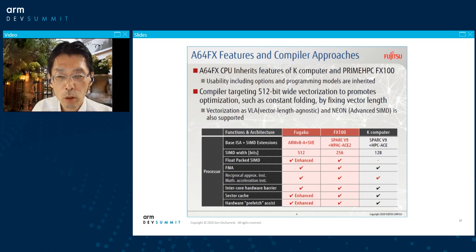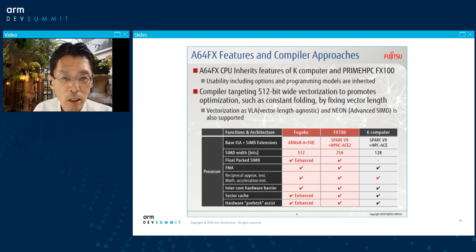Fujitsu has been developing supercomputers for 40 years, and since the development of the Fujitsu supercomputer, Fujitsu has been developing compiler tools. A64FX also provides these features and compiler approaches, built over 40 years. A64FX inherits the features of the K computer and PRIMEHPC FX100, the forerunners of our SPARC-based products.